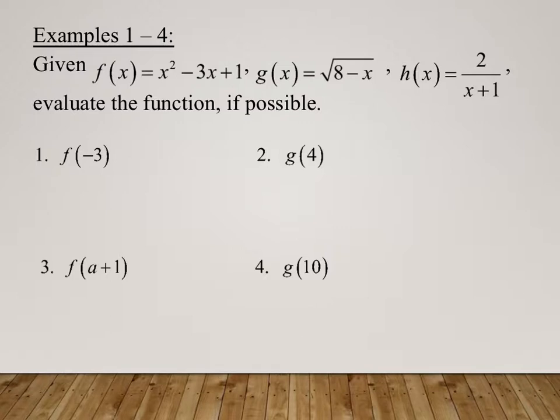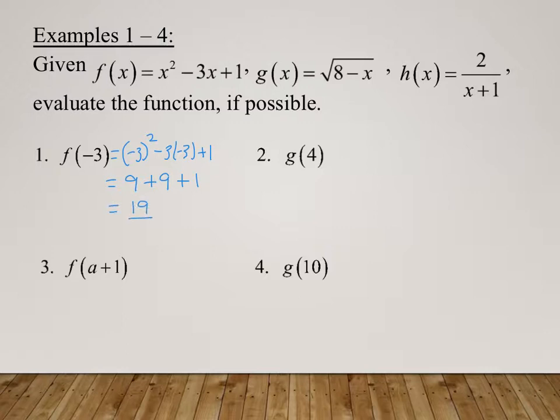We get minus 3 squared minus 3 times minus 3 plus 1. Well, this is just 9 plus 9 plus 1, which is equal to 19.